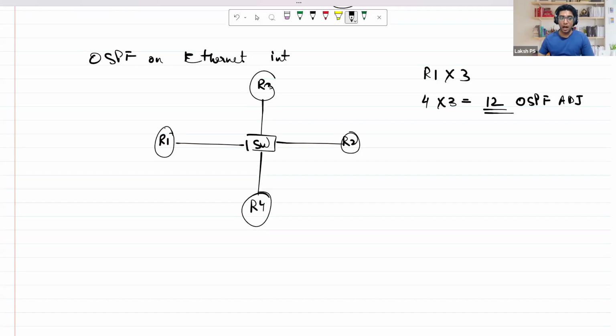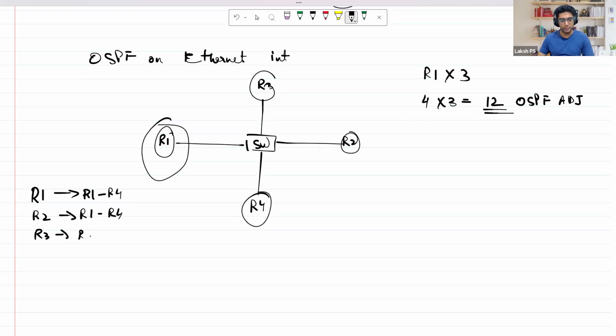The problem is R1, as I said, R1 will have the database of all the routers, that is R1 to R4. R2 will also have the same database, R1 to R4. R3 is also going to have the same database, R1 to R4, and R4 is also going to have the same database as R1 to R4.